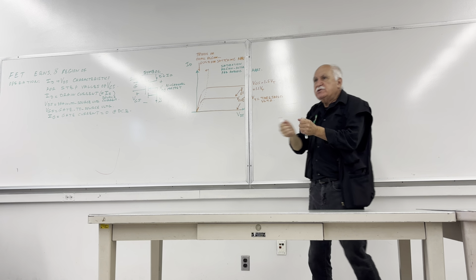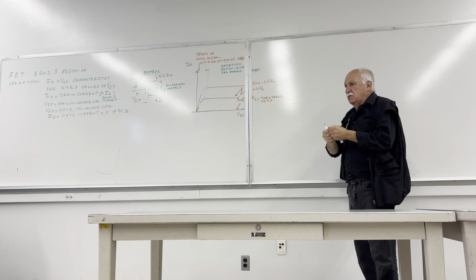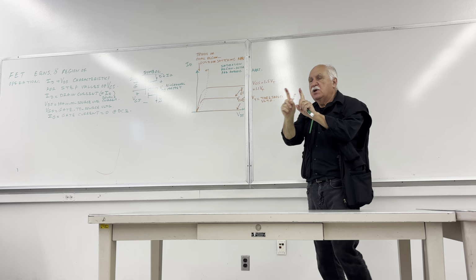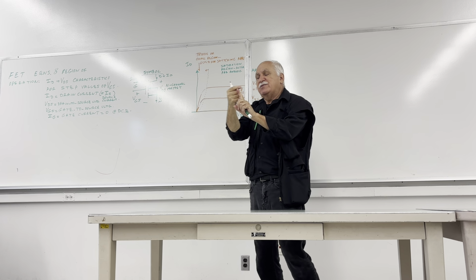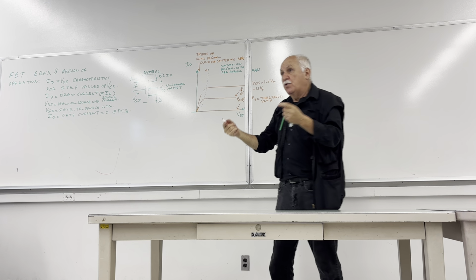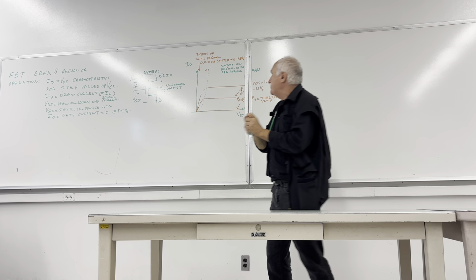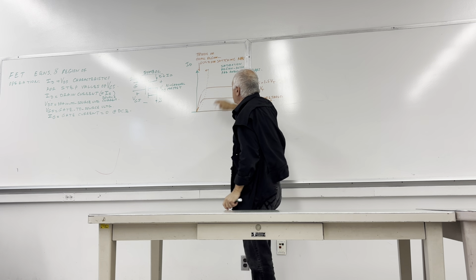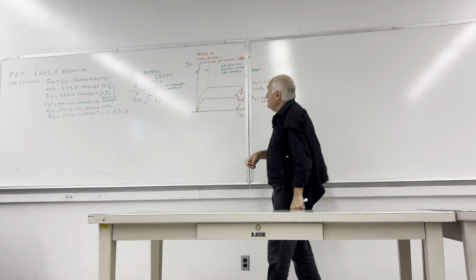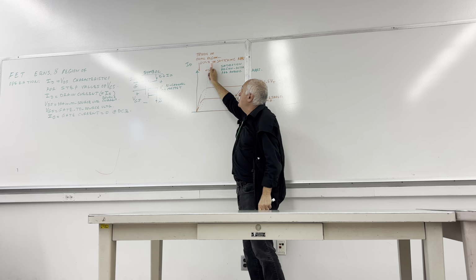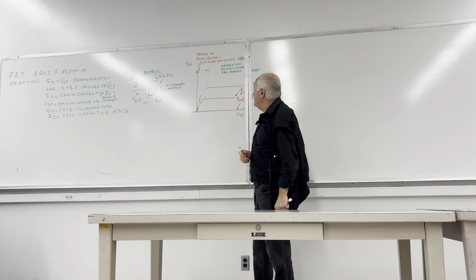That is like a short circuit, almost like a switch being closed. There is no resistance, therefore no voltage drop for an appreciable amount of current. That region is called the triode or ohmic region.